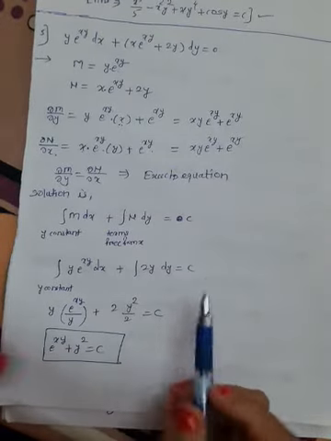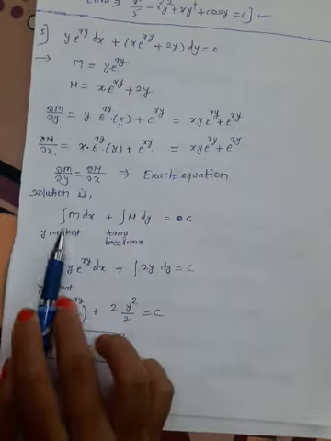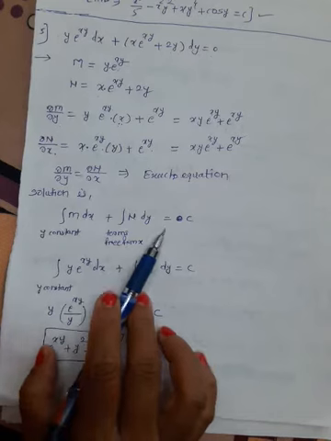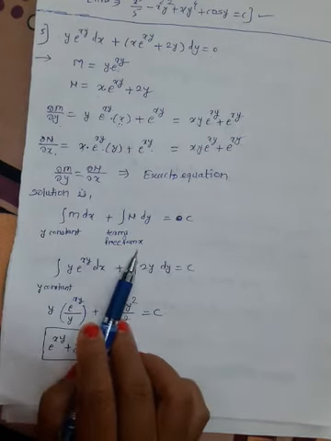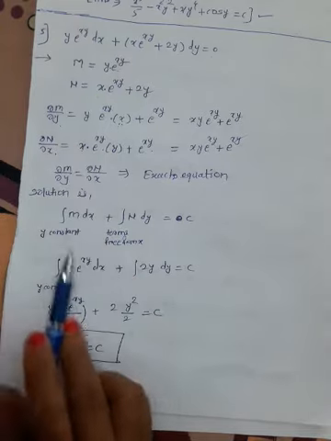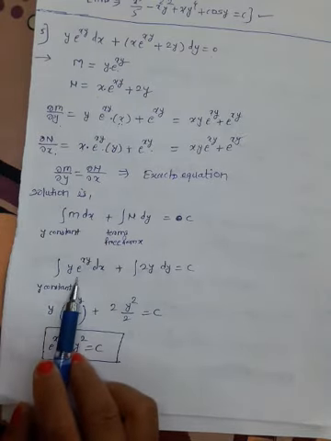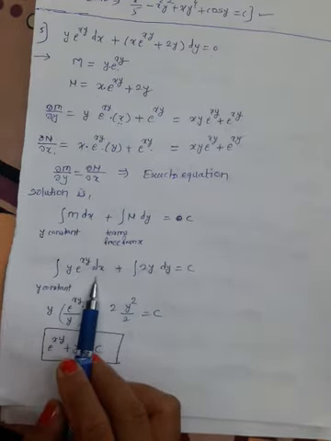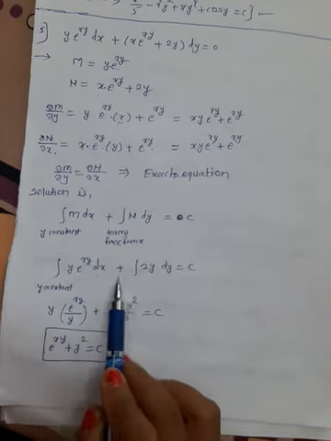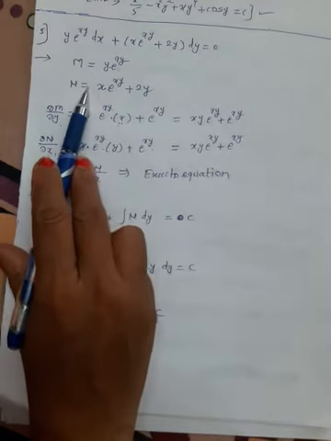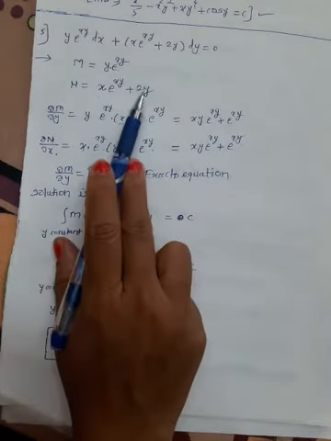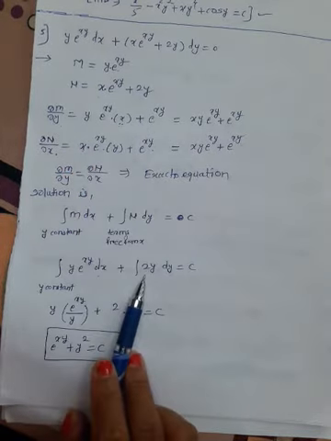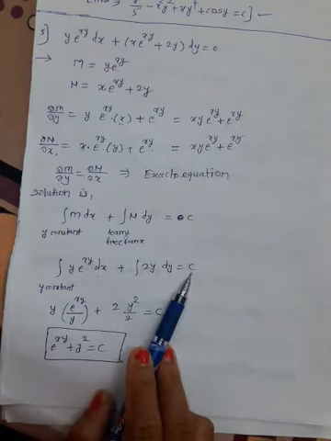The solution is integration of M dx plus integration of N dy equal to c, where y is constant and we take the terms free from x. Put the value of M here: we get the integration of y e^(xy) dx with y constant, plus those terms of N which are free from x, that is only 2y, equal to c.